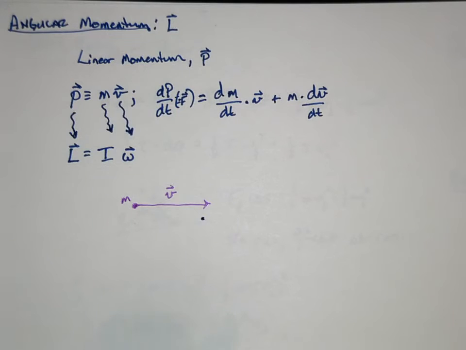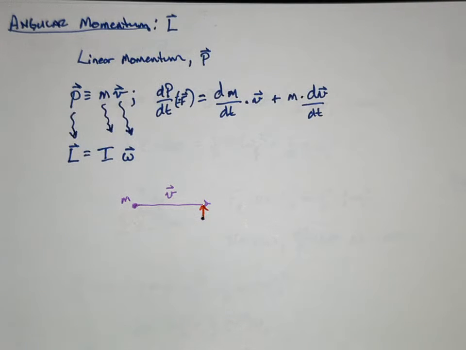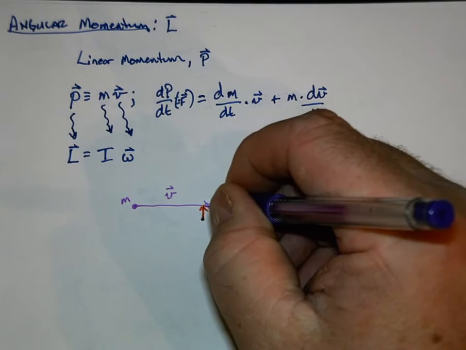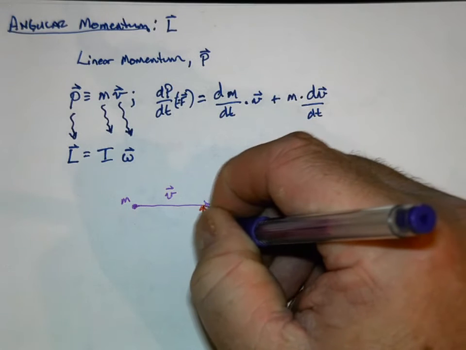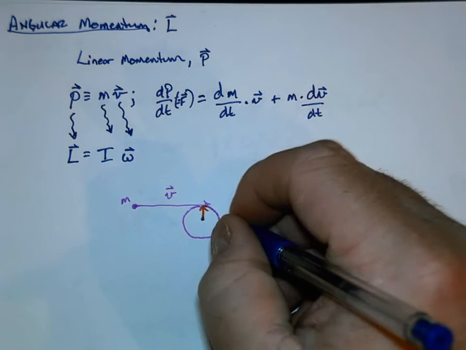And she reaches out and grabs the pole to create a radius. And she goes out, she grabs the pole, and all of a sudden, instead of her traveling straight, she starts traveling in a circle, like so. And then she gets to a particular point. Let's say she makes it all the way around to here.